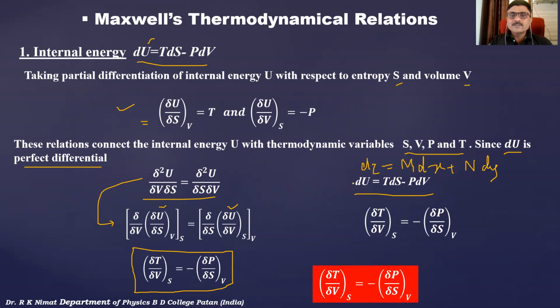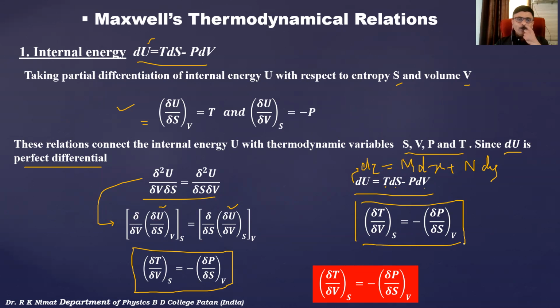So if you write this equation using this condition, you can write the partial differentiation of T with respect to V at constant S is equal to, with the negative sign, partial differentiation of P with respect to S at constant V. So in this way also you can derive Maxwell's thermodynamic relation.